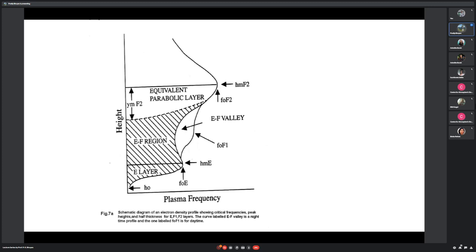It is sometimes seen over the equator. Z layer is above the F2. It is a kind of transient phenomenon. Sometimes it occurs, but many instruments have now confirmed that there can be another layer above F2.